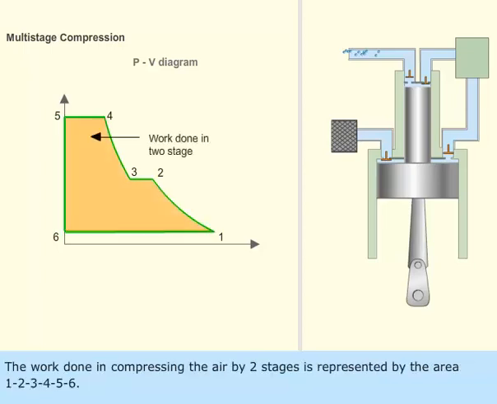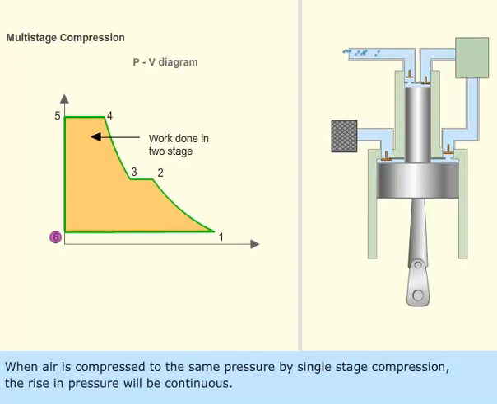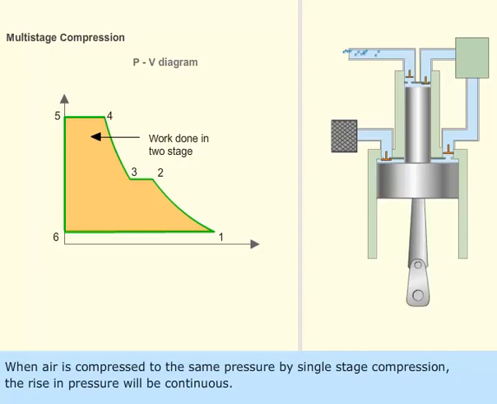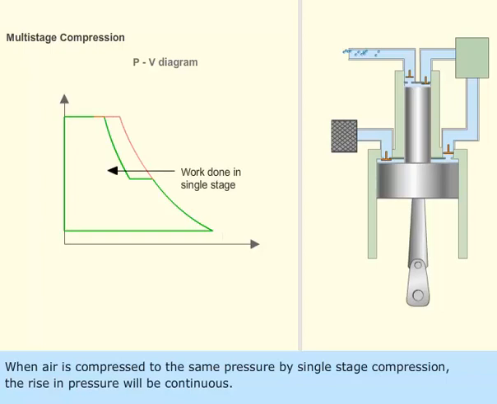The work done in compressing the air by two stages is represented by the area 1, 2, 3, 4, 5, 6. When air is compressed to the same pressure by single-stage compression, the rise in pressure will be continuous.